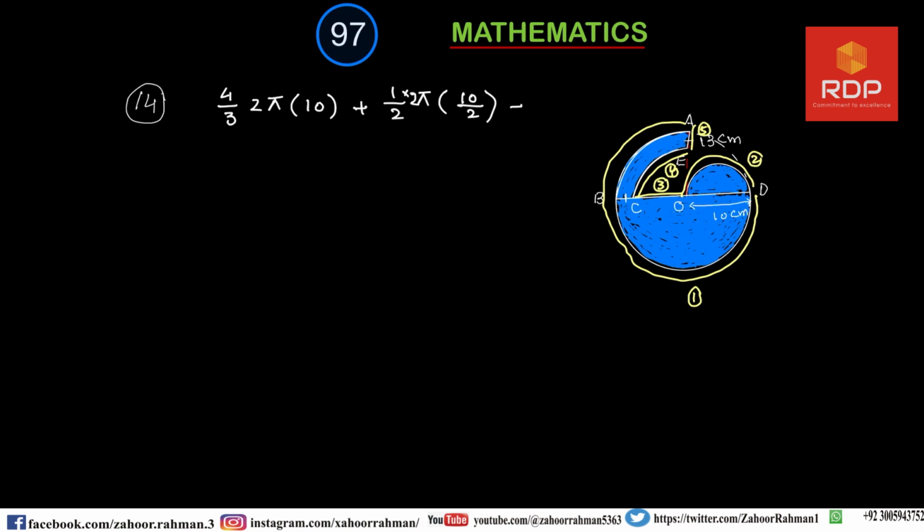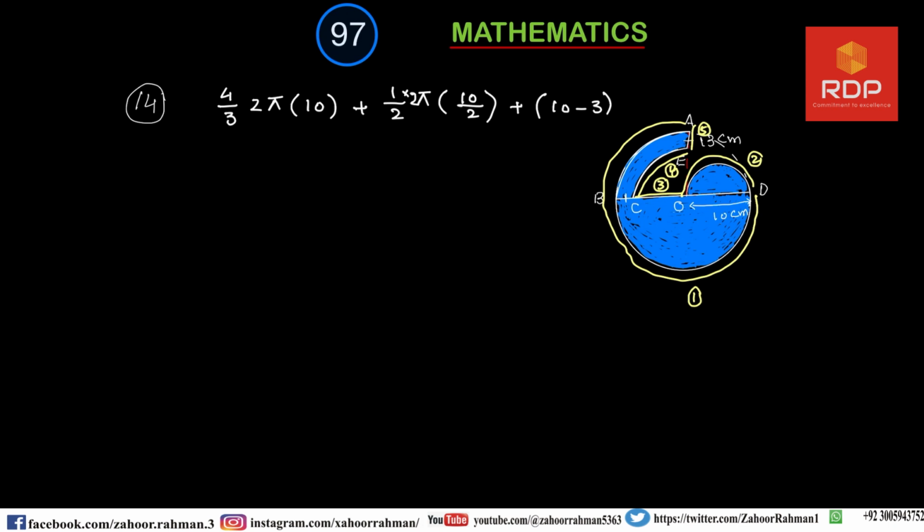Now the third part is 10 minus 3, because this length is 10 and this length is equal to this one, which is given to us as 3. So we have to subtract that 3.